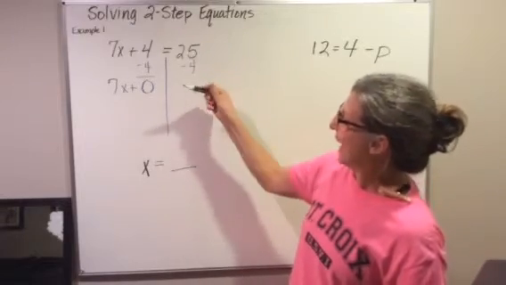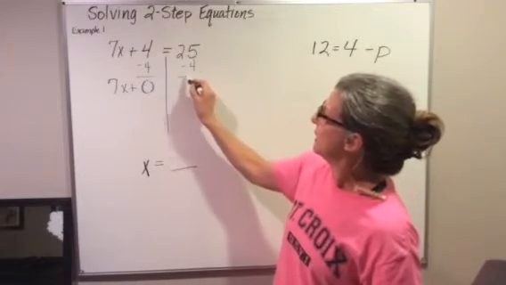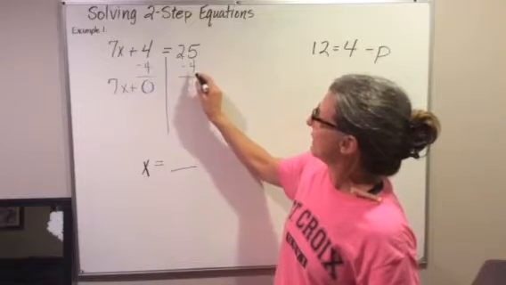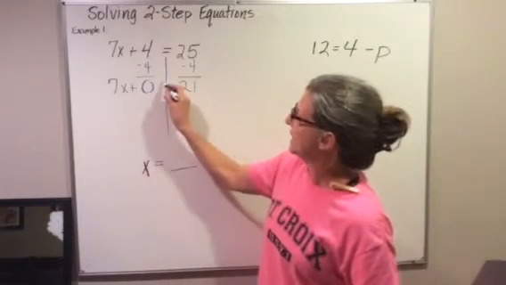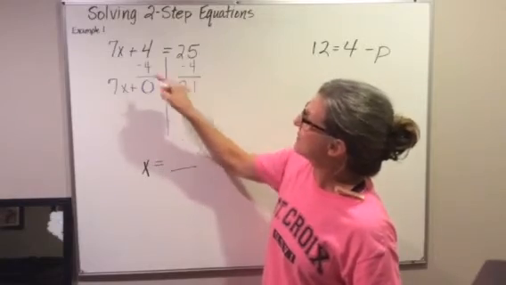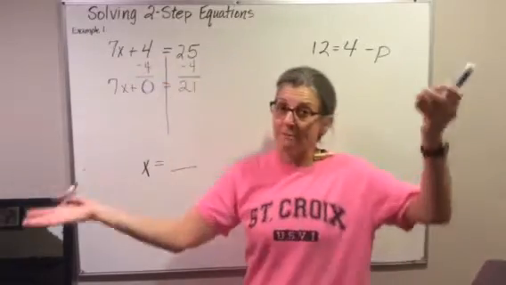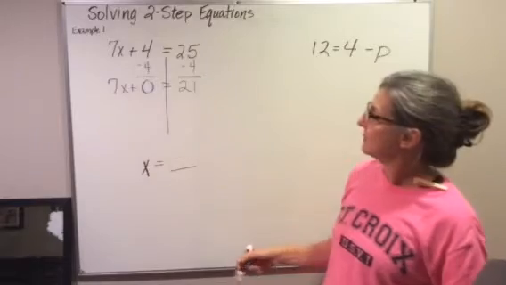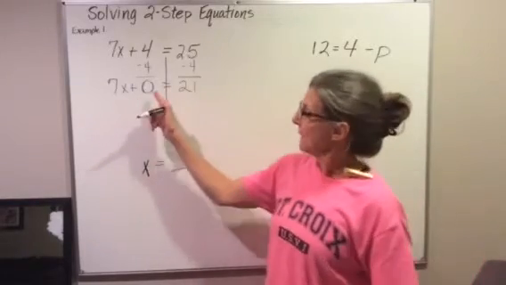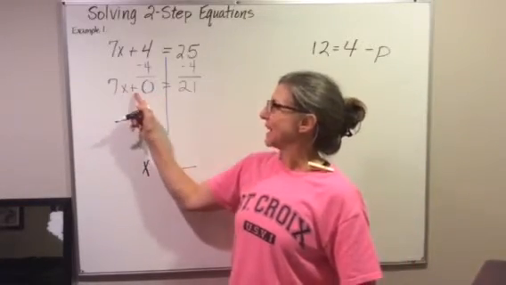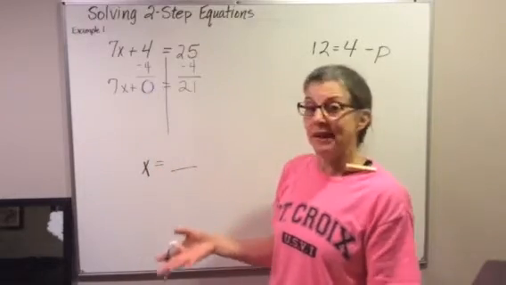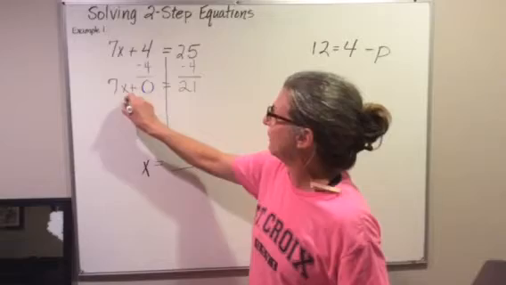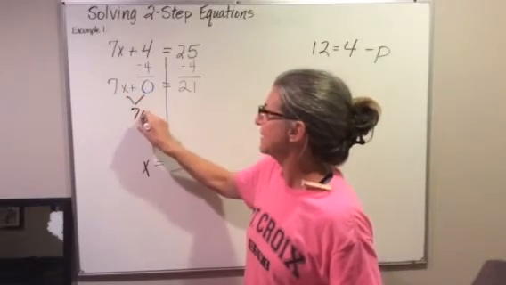And over here, I've taken off this 4 also. So on this side, 25 minus 4 is 21. And they're still equal because I subtracted 4 from both sides to keep it balanced. So now, I add 7x to 0, and that's going to help me get 7x alone, because 7x plus 0 is 7x.